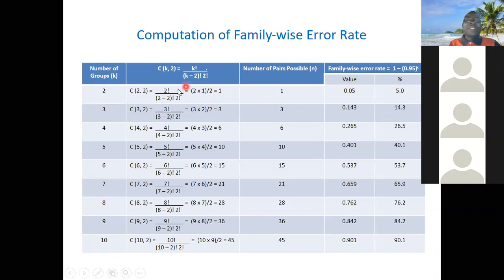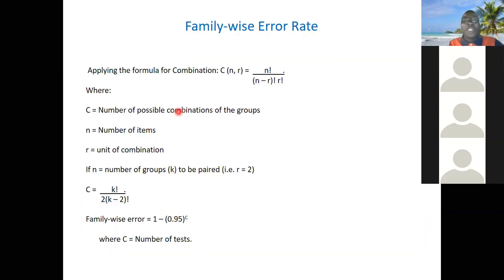The other thing you may see here that may be confusing is that I just use k. The general combination formula is nCr, the number of ways you can combine, but we just use k for the number of groups. We use k to replace n.